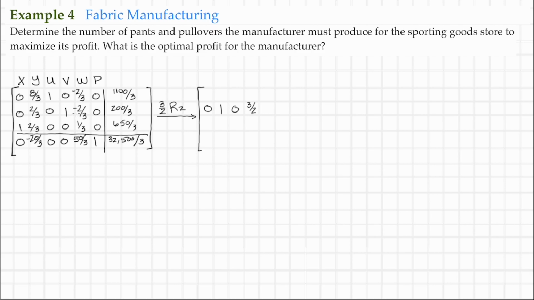Negative 2 thirds times 3 halves, that's negative 1. 0. And then we can bring down our vertical bar. 200 thirds times 3 halves, that's 100. Close off our matrix, and then we could fill in the rest.